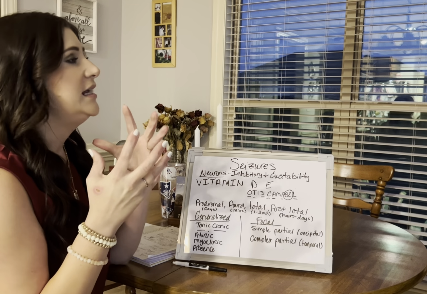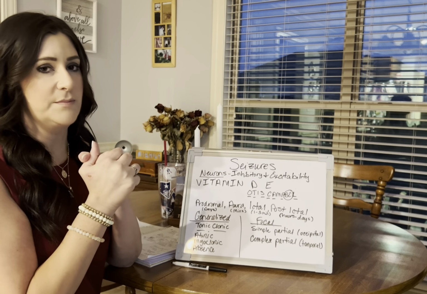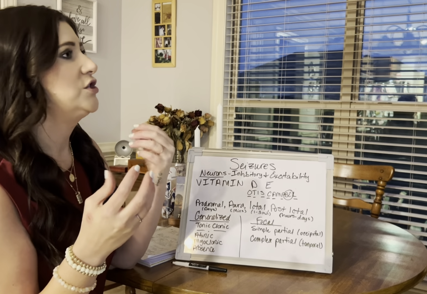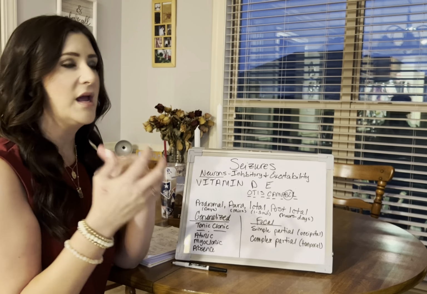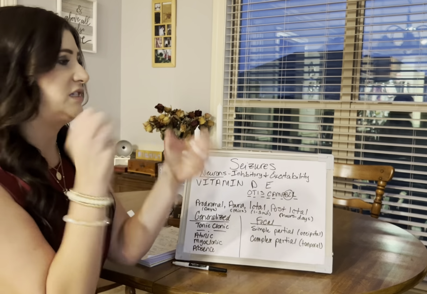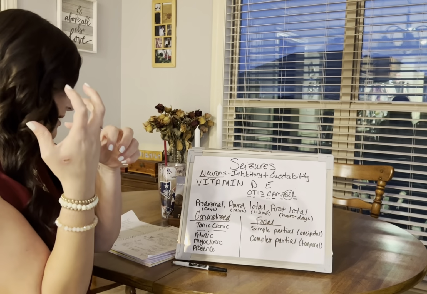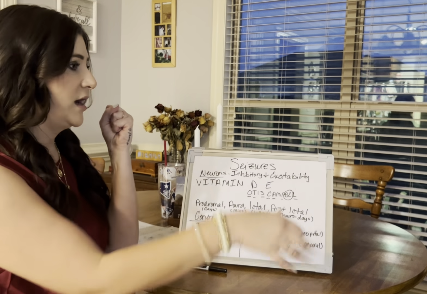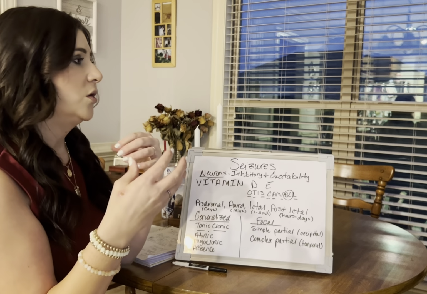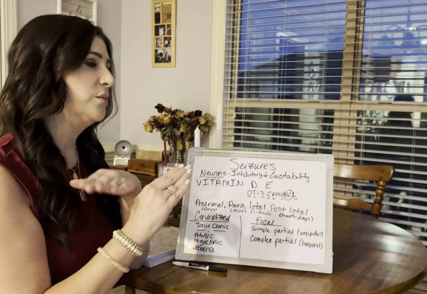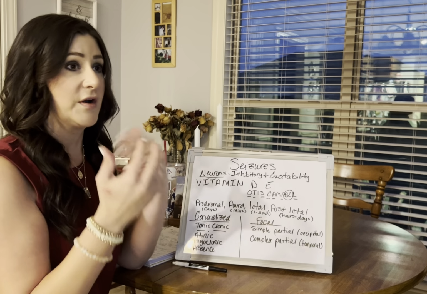There are going to be motor signs and symptoms. Those are called automatisms. So the patient, again, is unaware of what's going on. They may be smacking their lips. They may be grasping at things with their hands. They may be trying to grab something that's not there, or just different motor movements that they're completely unaware are happening.